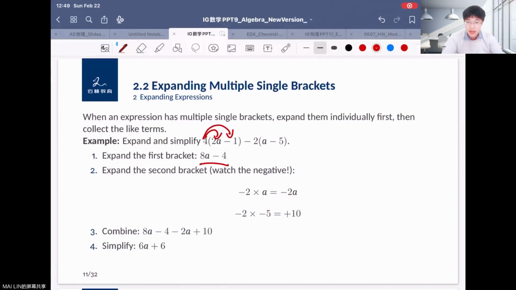Then negative 2 times a is negative 2a, and negative 2 times negative 5 is positive 10. Combining, we have 8a minus 4 minus 2a plus 10. After simplifying, it is 6a plus 6.